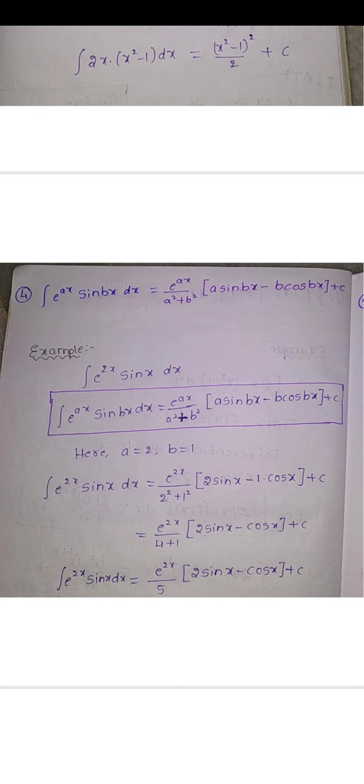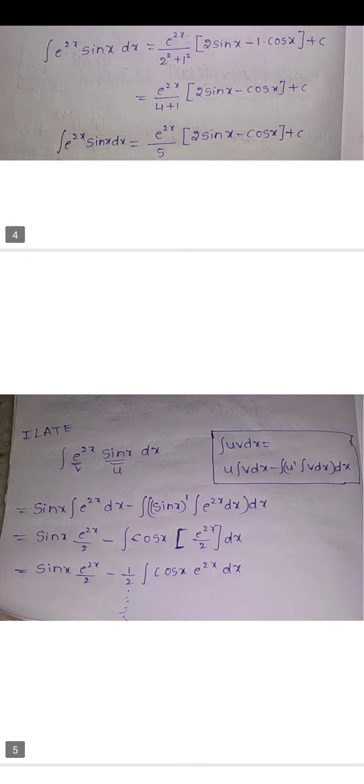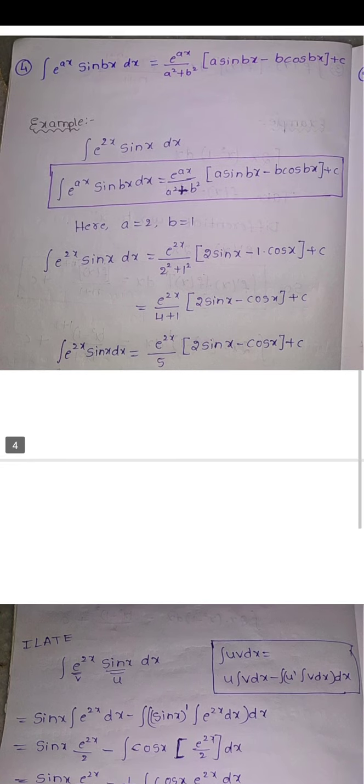Here two functions are there, so you will get one confusion that we can also use that formula, but here we can't use it, because of this e power 2x, the integration goes on without any termination. It will go on integrating. So we won't use this rule, we use this formula.